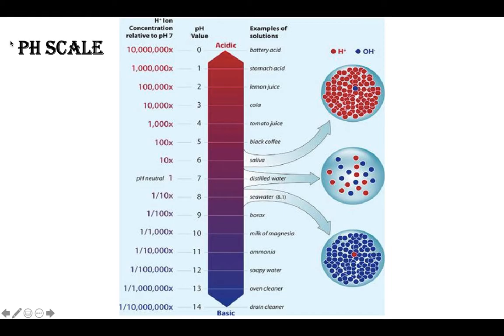So the numbers on the top of the left-hand portion are bigger, while the numbers on the bottom are smaller. This indicates that acidic substances contain higher concentrations of hydrogen, while basic substances contain lower concentrations of hydrogen.